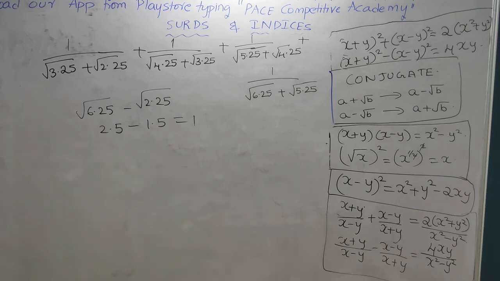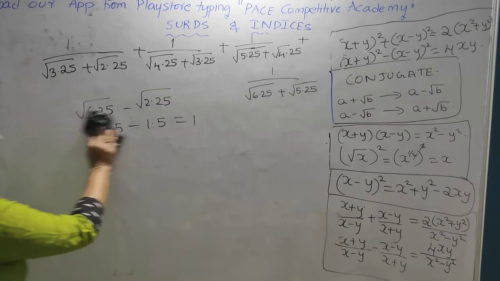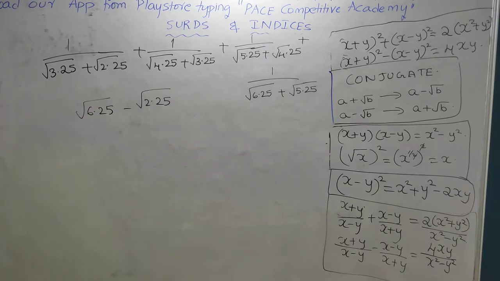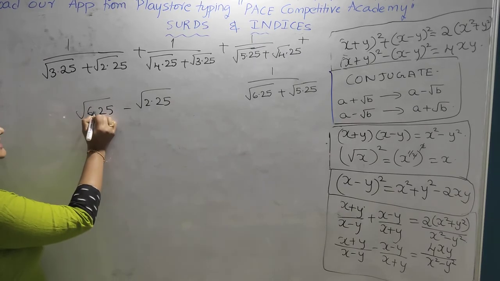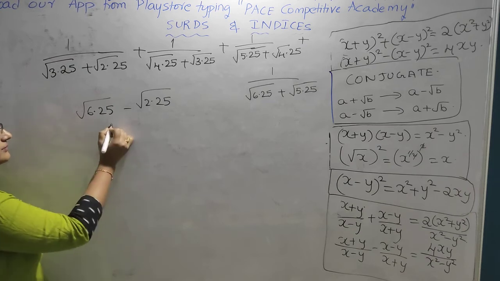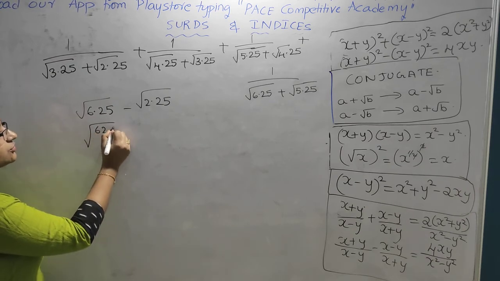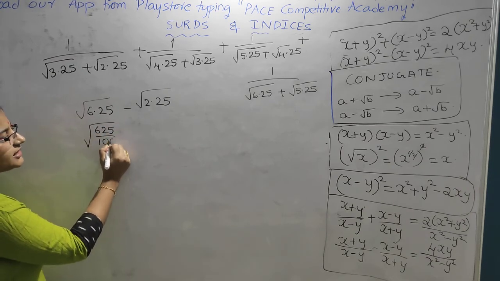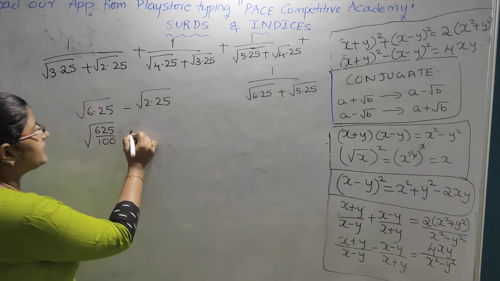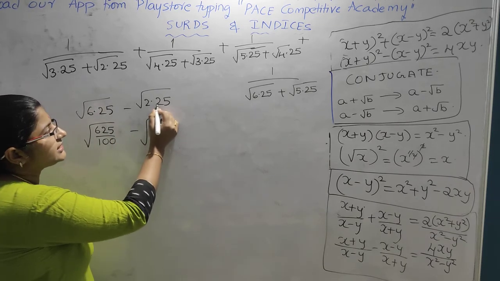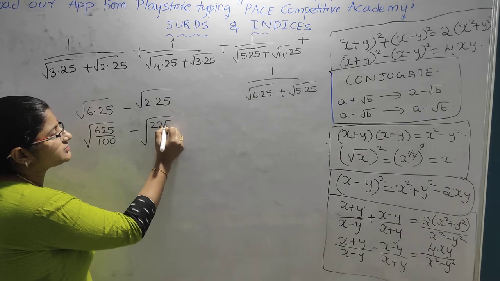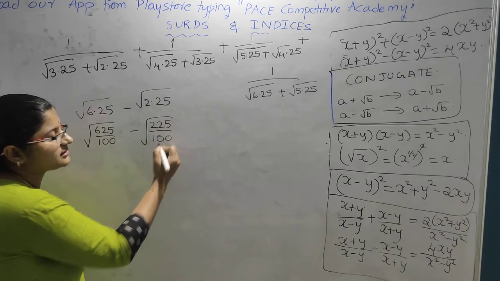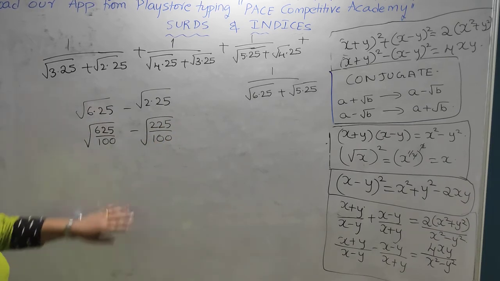If you are confused with the decimal values, see here guys, after the decimal 2 places are there. So how can we write this? Root over 625 divided by 100, minus, similarly here also 2 places after the decimal, we can write it as 225 divided by 100.